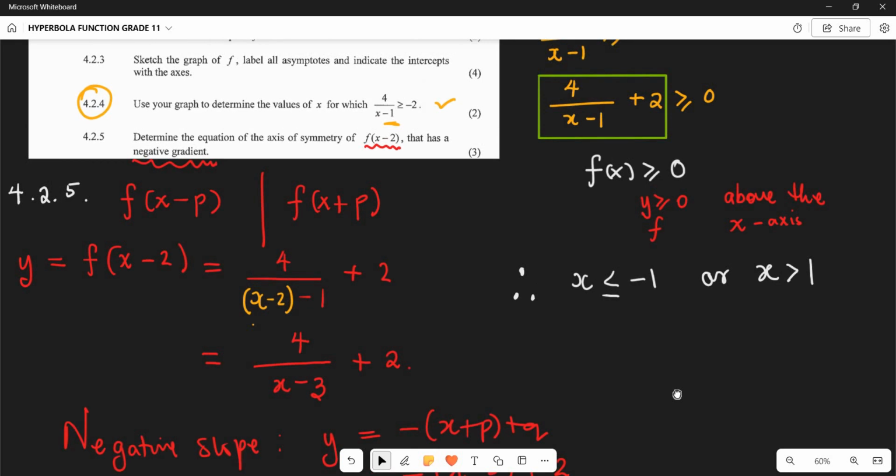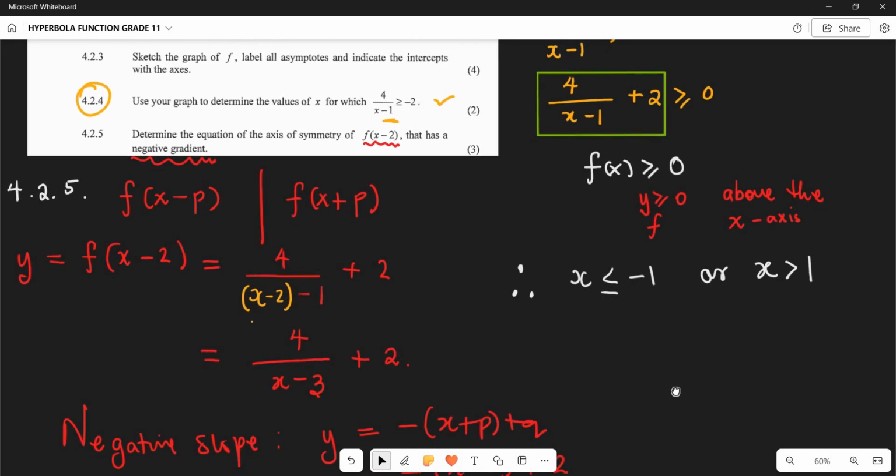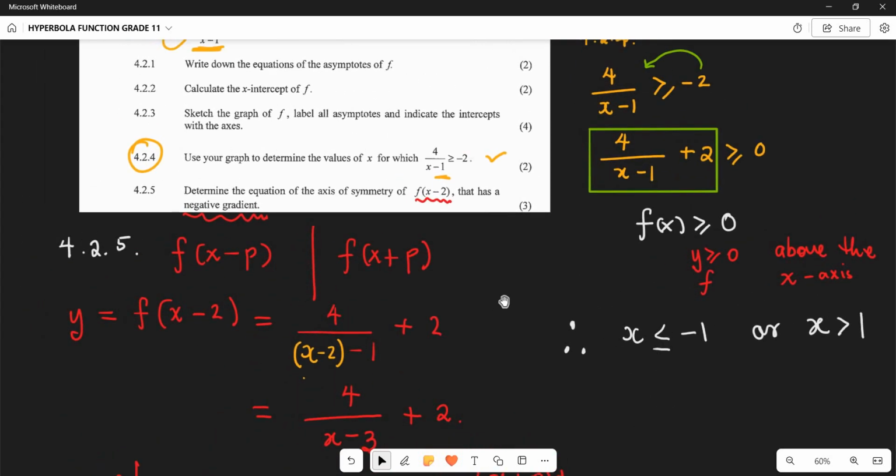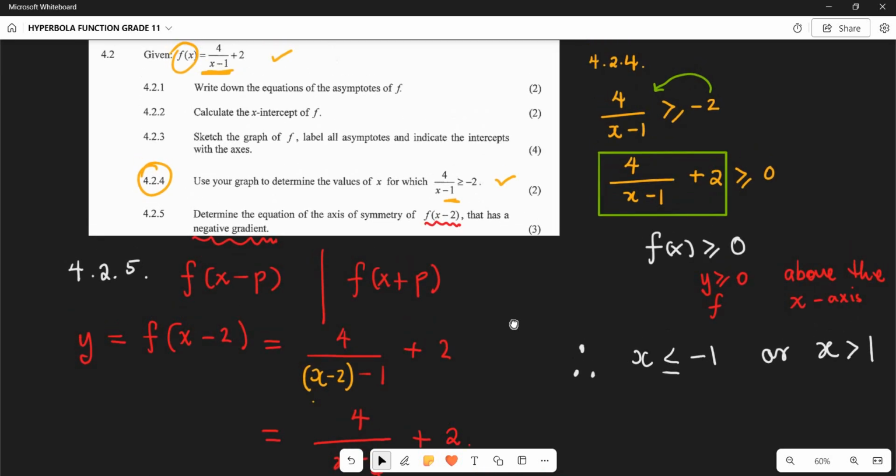I hope this question answered, or addressed, a number of factors that maybe you didn't think of, and especially with 4.2.5, because it involves some transformation that I spoke about in lesson 1 of this hyperbola function. So you can refer to it again. You note that it is applicable to this question again.